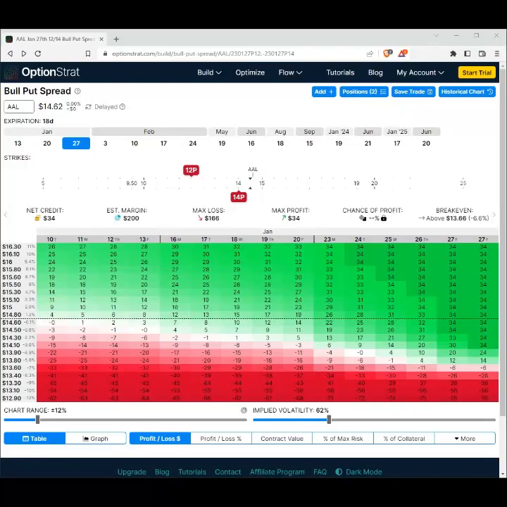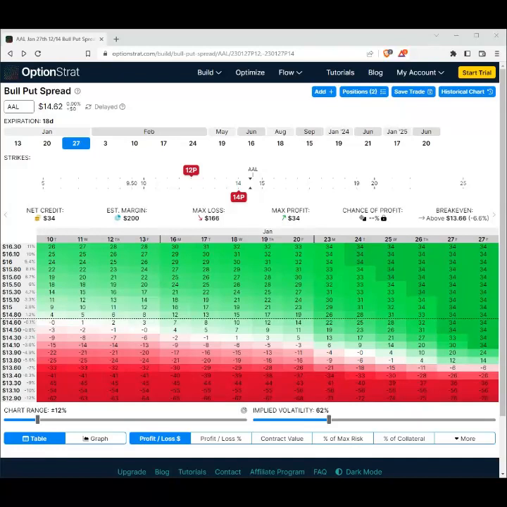And so in this case, we saw that if you expect that the value of AAL will be above the $14 mark by the 27th of January, then you sell a put contract at the $14 mark and you buy another put contract at a price point below that $14 mark so that you can receive a net credit and have a lower amount as collateral.